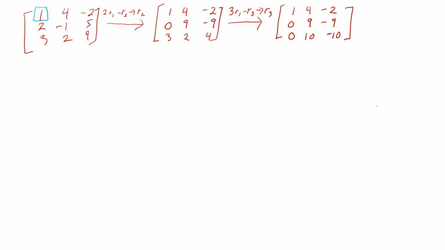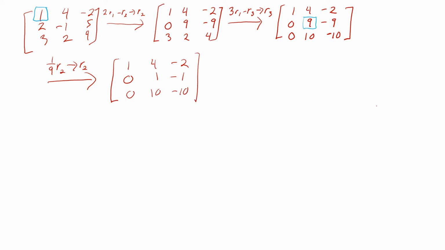Now, I'm going to simplify this a little bit. The Gauss-Jordan method technically says identify your next leading element and solve for everything underneath it. I'm going to do it a little differently to make it easier. If I take 1/9 row 2 as my new row 2, this becomes 0, 1, -1, with 1, 4, -2 and 0, 10, -10.